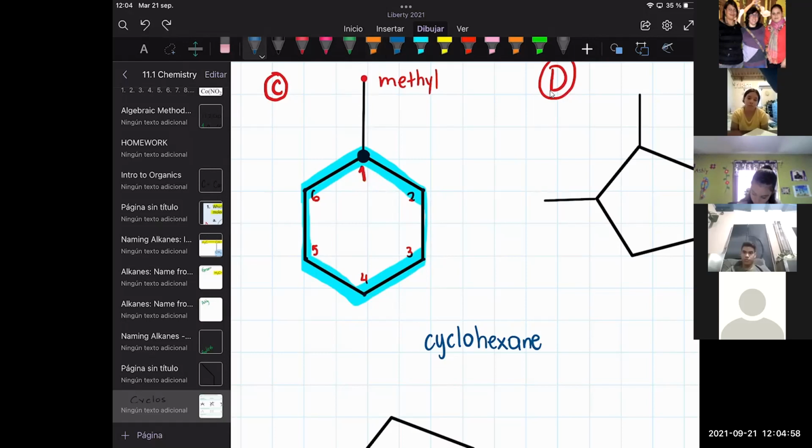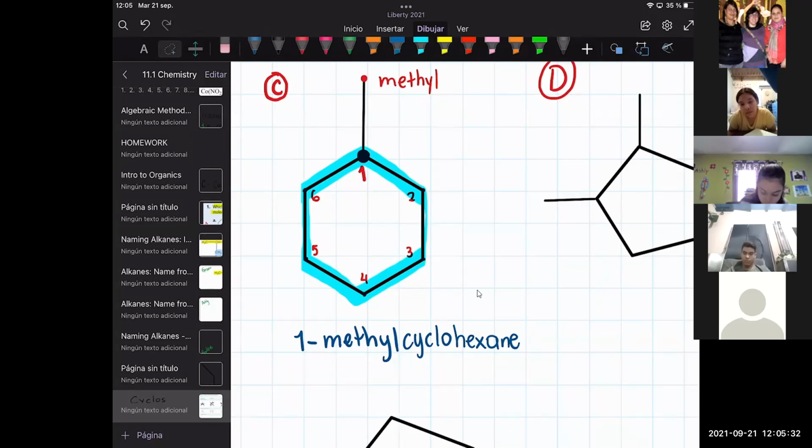So I need to say that I have located the branch methyl in position 1. So the name of this is going to be 1-methylcyclohexane. It is easy when you just have one alkyl. It is more complex when you have more alkyls.